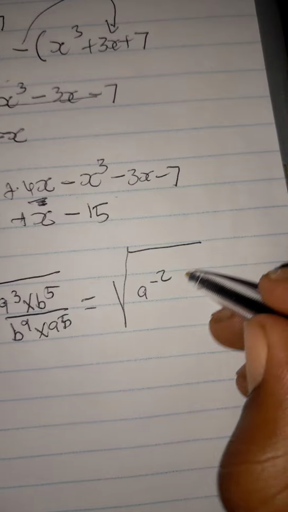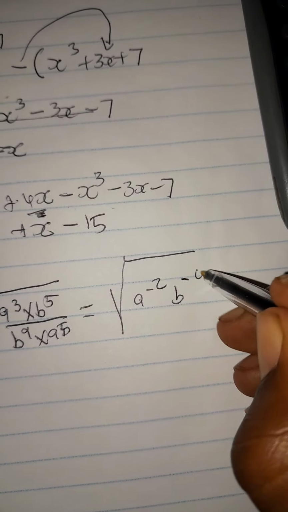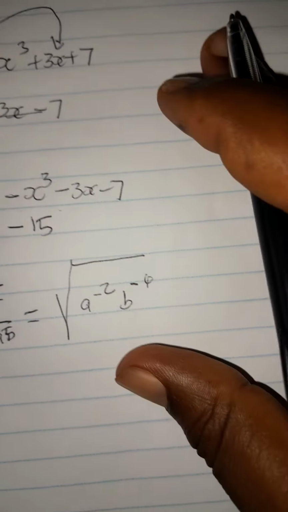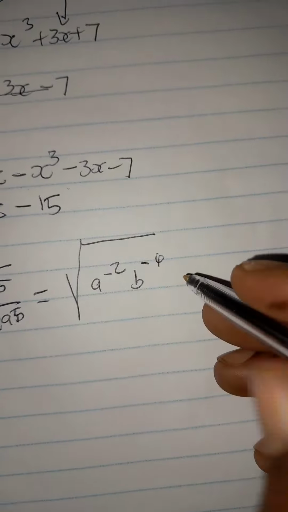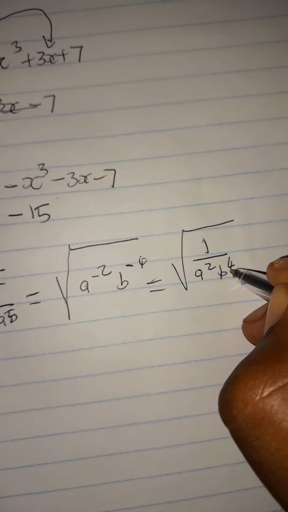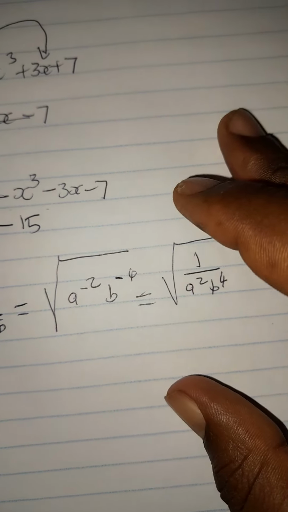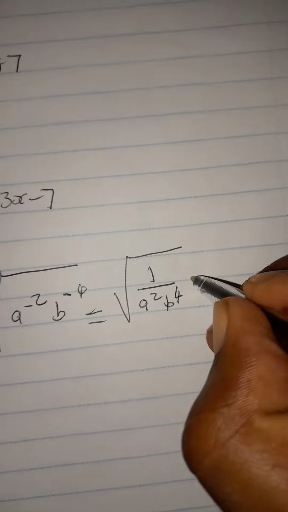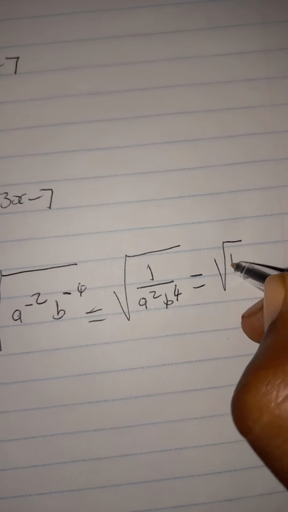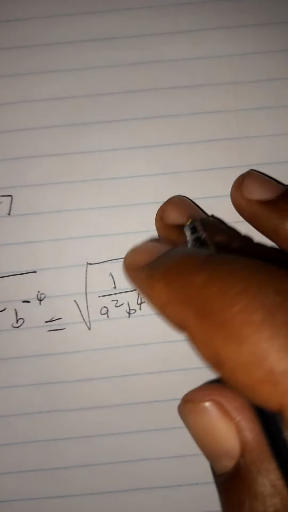Then 5 minus 9 will be minus 4. Writing it in a positive exponent, that will be 1 all over a squared and b to the power of 4. So let's work out this. If we root each individually, 1 all over root a squared, and 1 all over root b to the power of 4, we are going to get 1 all over.